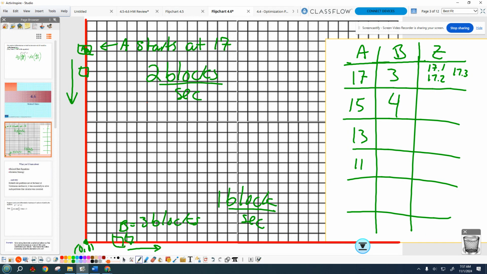Okay. So this guy's at 15. And this other guy is at 4, right? 15.7. Yeah.